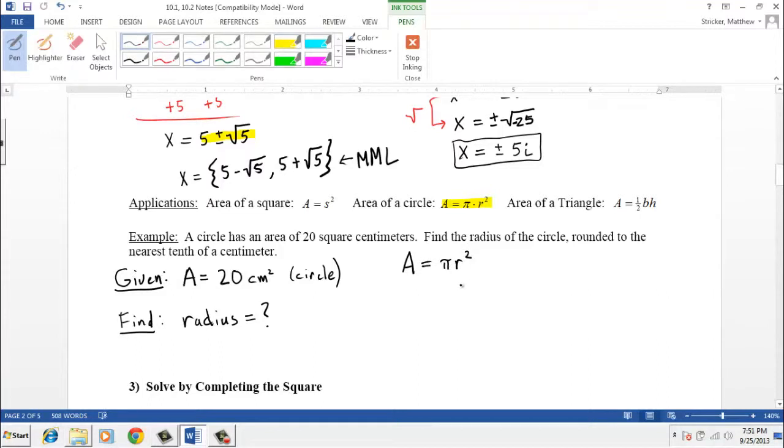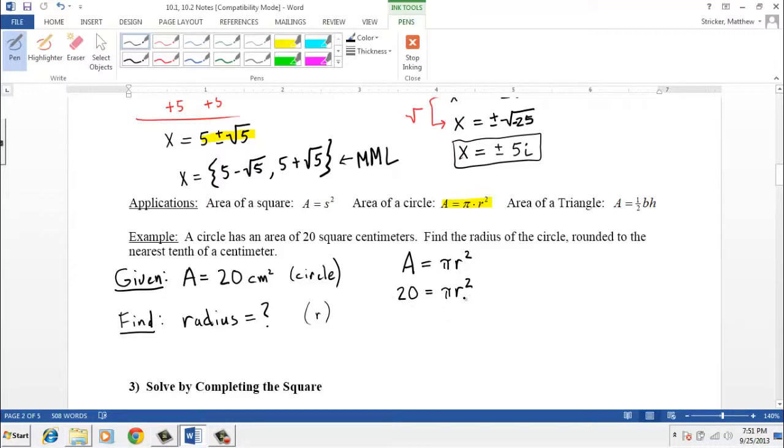And look at what we're given. We're given A. We want to find radius, and radius is, of course, the variable r. So what do we do? We plug in what we know and solve for what we don't know. So we know that A is 20. That's all we know. Can I solve something like this?